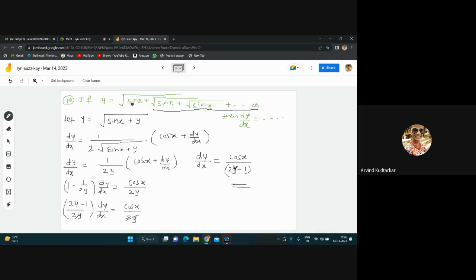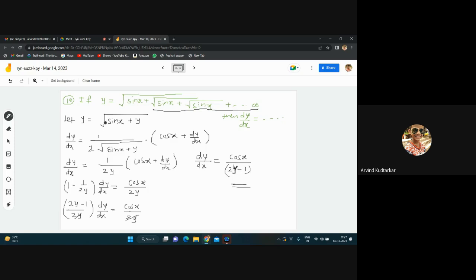The first term of sine keep as it is, and from the second term of root of sine up to infinity, it is nothing but y. So we can replace this whole term by y, and we get root of sin x plus y. In this case, y is a function of x, and the root is also a function of x.